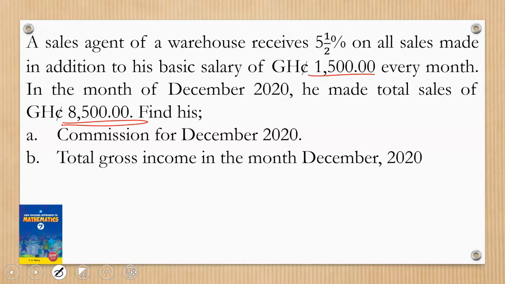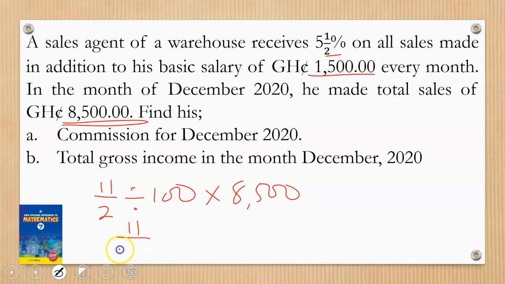That is going to give us 11 over 2 percent. And percent simply means divided by 100. Then times our 8,500. So we can do a simple calculation here. That's 11 over 2 times 100, which is 11 divided by 200, times 8,500.